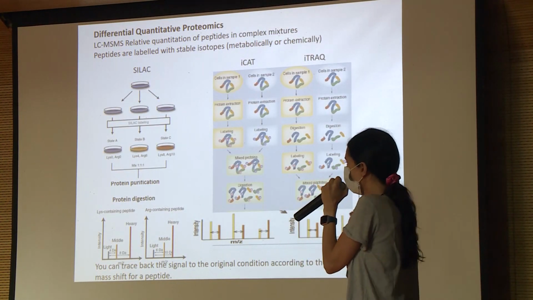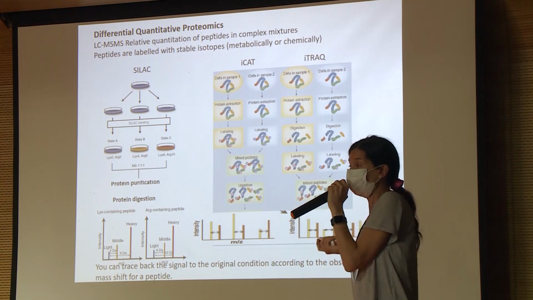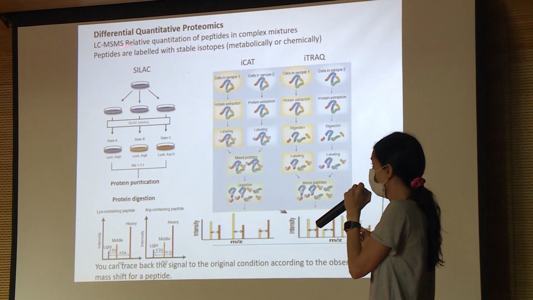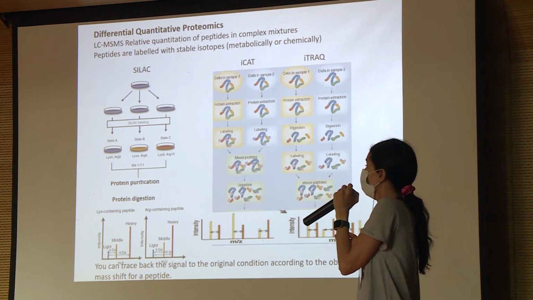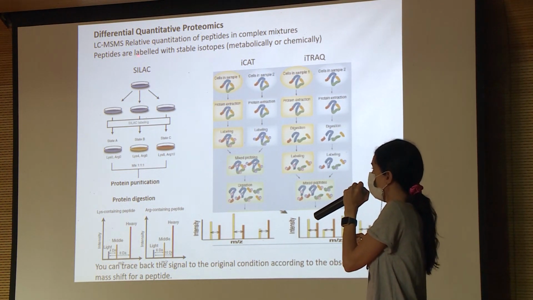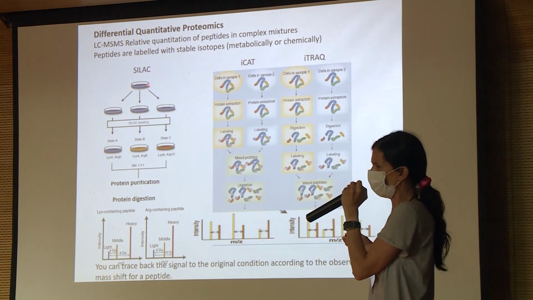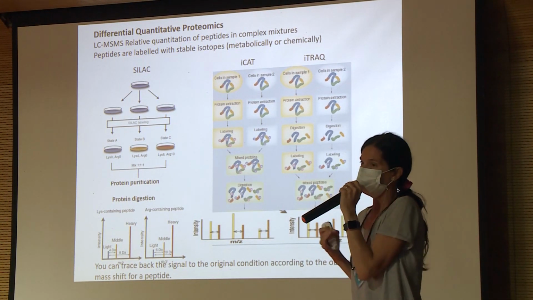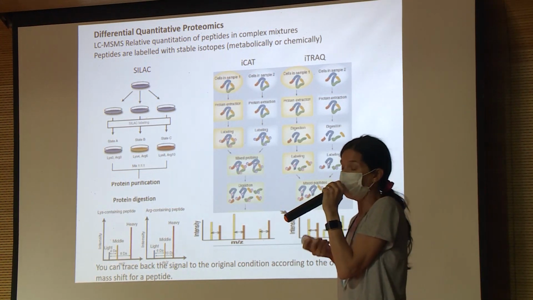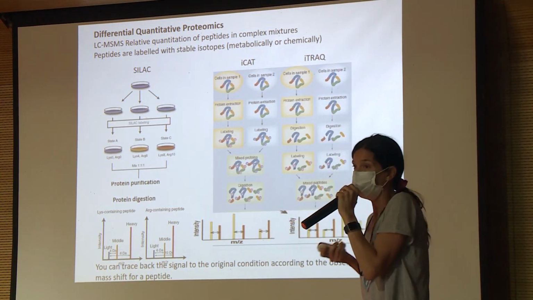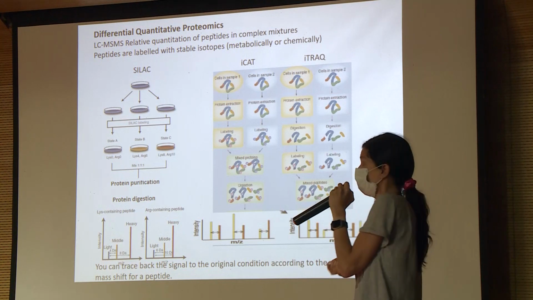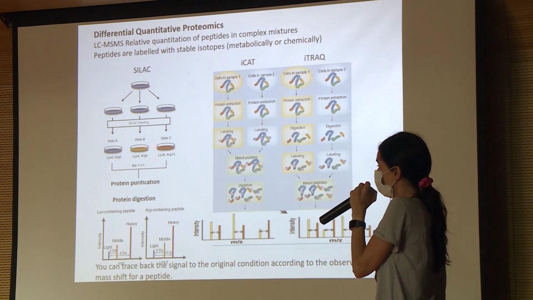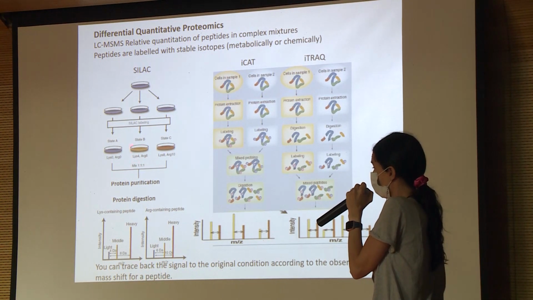So an overview on labeled techniques. I'm going to mention these three. We have SILAC, which is stable isotope labeling in cell culture or something like that, because basically what you do in SILAC is you get heavy amino acids that you can put in your cell culture media. So different conditions will be growing with different amino acids.